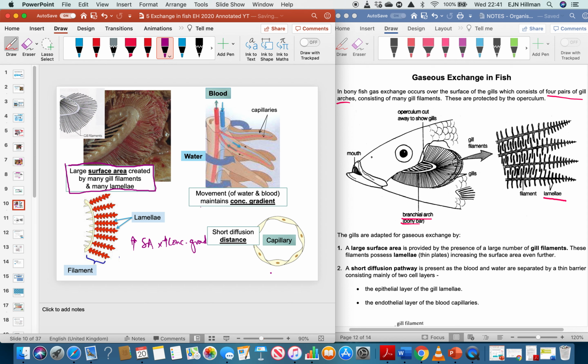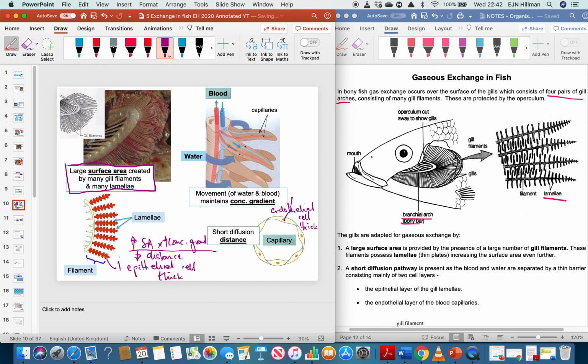Excellent. The walls of the capillaries that are close to the lamellae are 1 endothelial cell thick. The lamellae are 1 epithelial cell thick, and therefore they have a very small distance of diffusion.